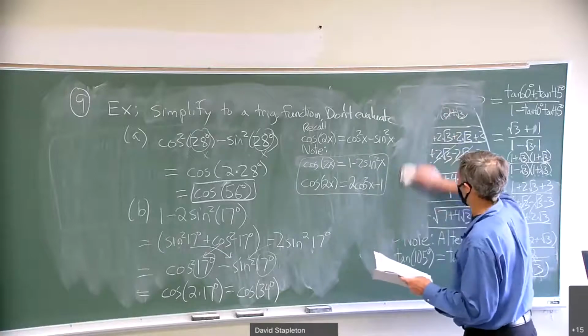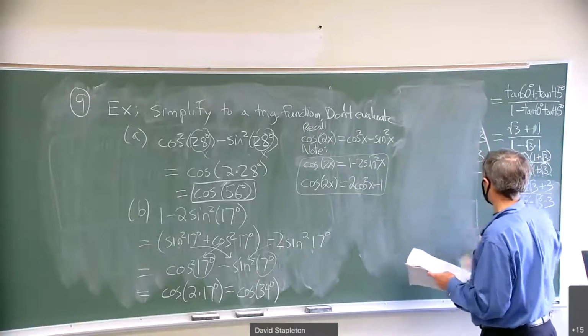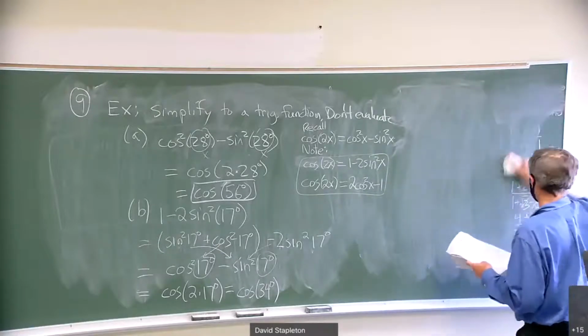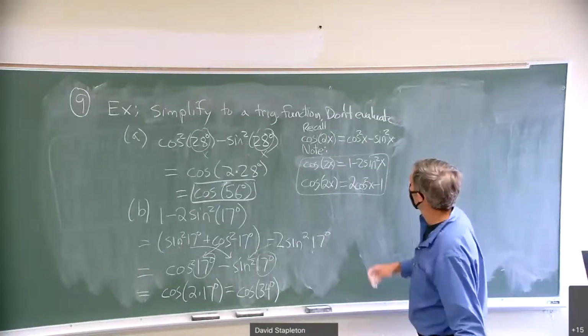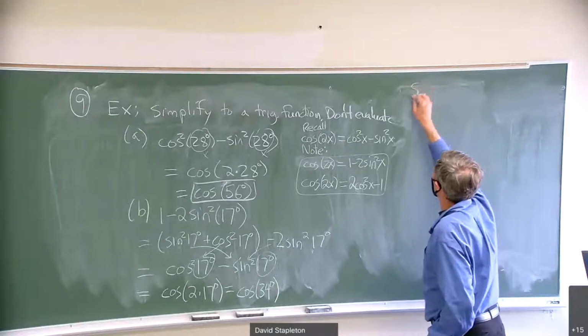The other we talked about last time, maybe I won't repeat any more of those. Well, the next topic then is the next section on sum to product and product to sum identities.